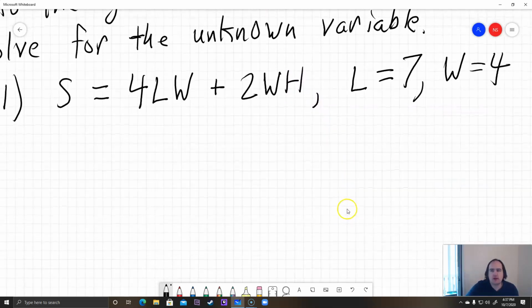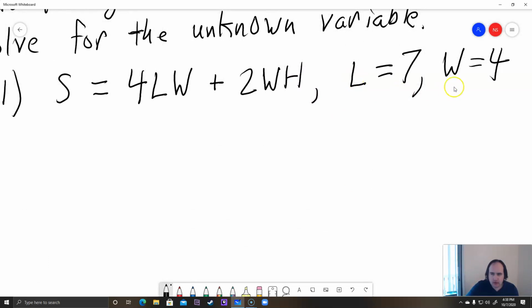So basically what they want you to do here is you plug in these numbers for the variables and then you solve for the unknown variable. Oh, and they also told us that S equals 128. So they gave us one more variable. Capital S equals 128.